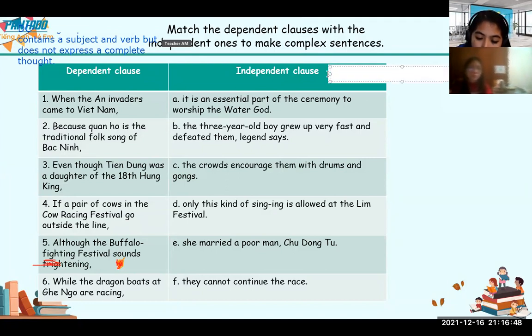When we say independent clause, this is a group of words. Okay, let me type. It is IC, IC for independent clause. This means a group of words that contains a subject, verb, and a complete thought.